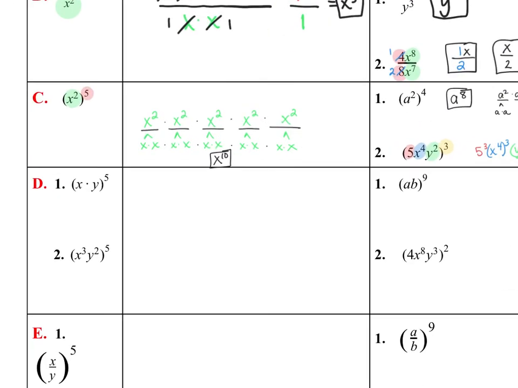On this next one, I've got x times y being raised to the 5th power. So again, my outermost exponent tells me that I can draw 5 slots. 1, 2, 3, 4, 5. And since that exponent is touching the parentheses, that means that everything inside the parentheses is being raised to the 5th power. So on each slot, I can write x times y.